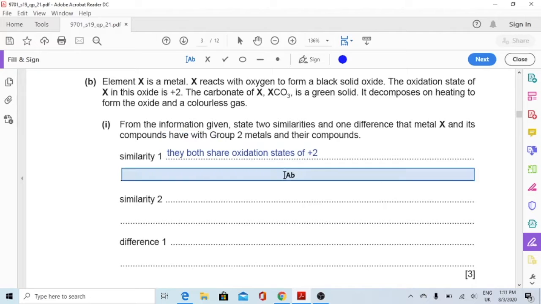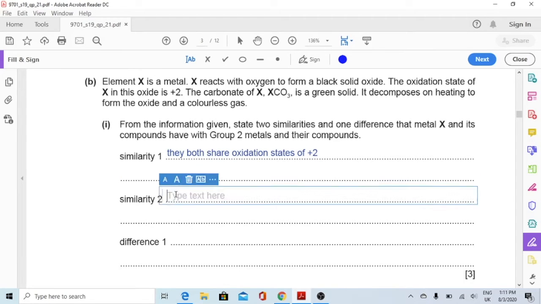The next similarity would be, it says that X carbonate will decompose on heating to form the oxide and a colorless gas, and so will group 2 carbonates. So that's another similarity, that they will give off a colorless gas and they will form a metal oxide too. So they both give out colorless gases and form metal oxide on heating.